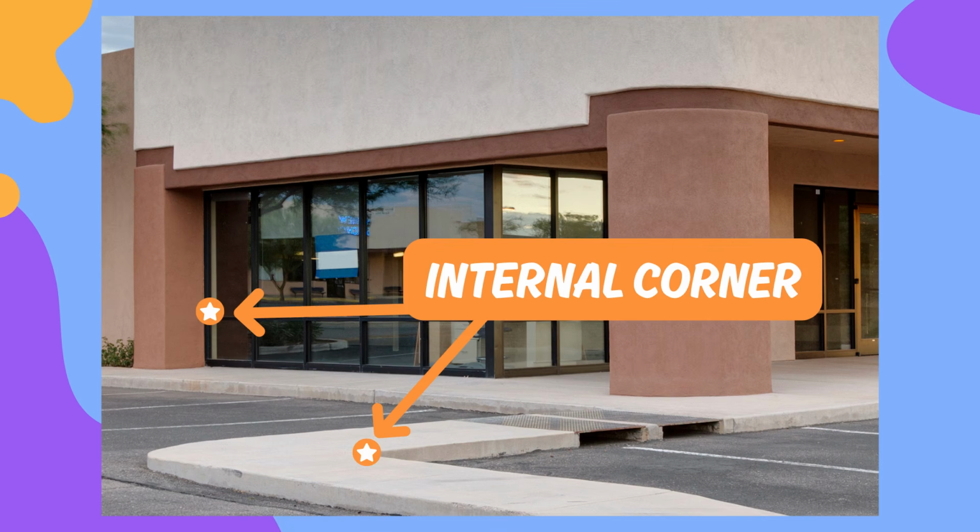Once again, we have this internal corner where the red part of the building is meeting that black part as far as the frame for the glass. And we also have an internal corner with the inner part of that curb. So again, these are 2 drastically different types of corners. And if we were to place hides in these locations, our odor plumes are going to do something drastically different.